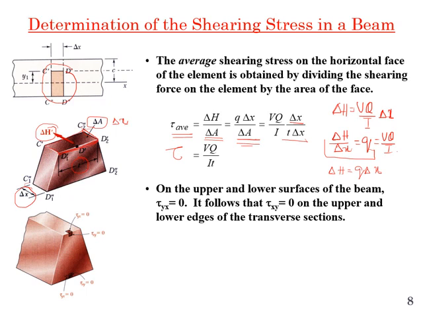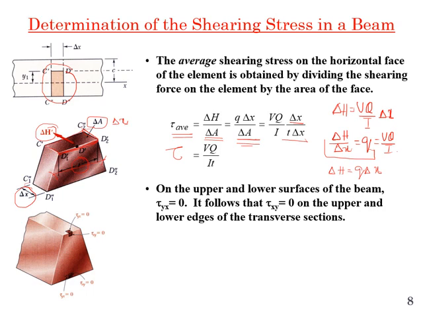So if I am interested in the shear stress on this region, that t will change according to this one. So VQ over It will give me the shear stress on the cross section.